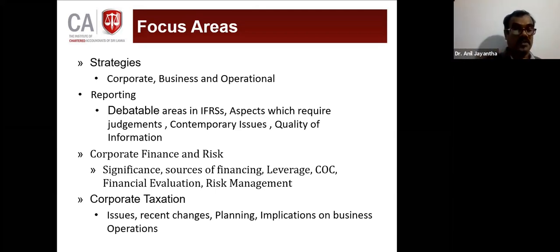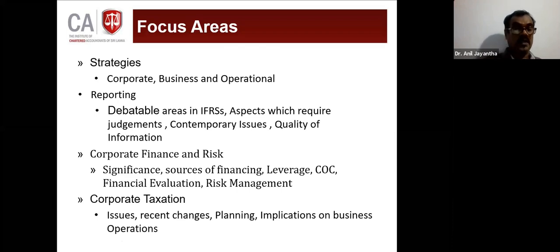That cannot be compromised. Then corporate finance and risk, you need to be thorough on the significance of finance and sources of financing, possibilities of going for financial leverage, cost of capital, financial evaluation, and risk management are the key areas.